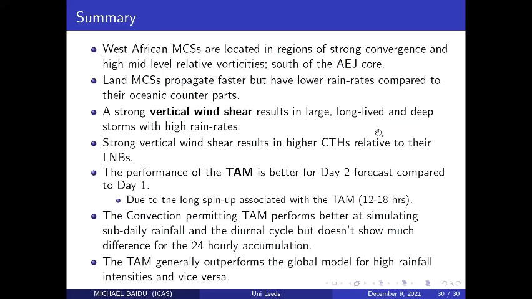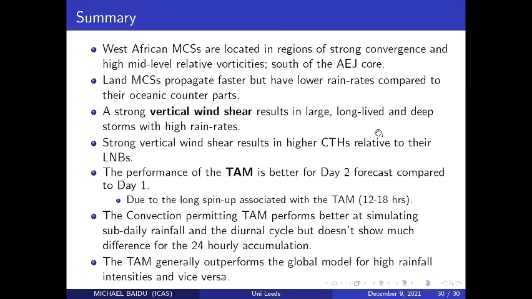And this actually is in relation to the Tropical Africa model. Like I was explaining from the beginning, the Tropical Africa model is a regional model. And so that means that it takes the boundary conditions from the global model before it tries to simulate more realistic storms from the information that it has obtained from the global models at the boundaries.